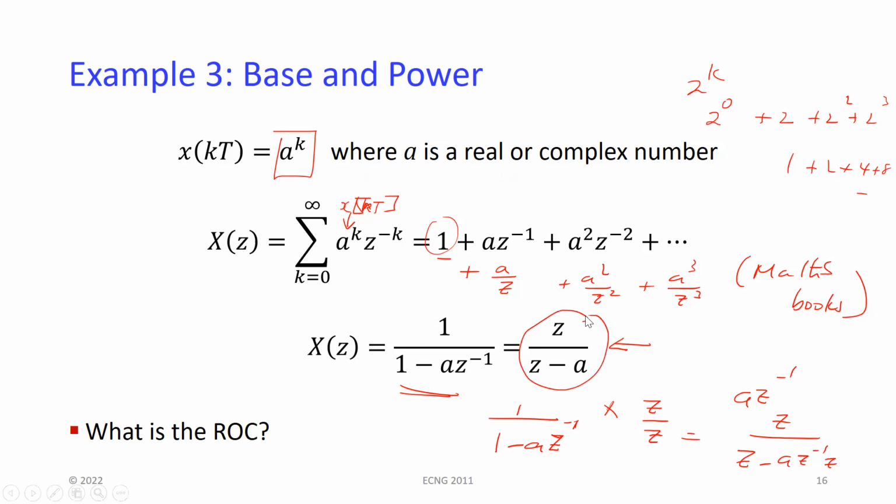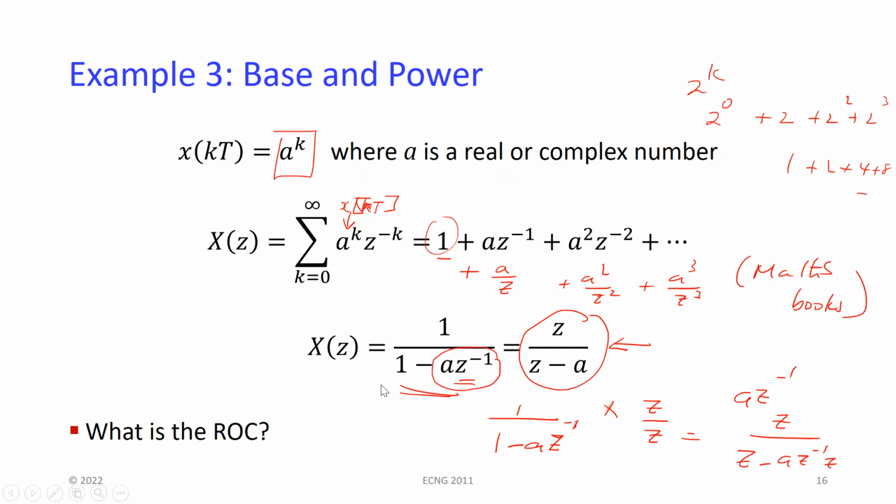So you could move back and forth between the positive and the negative indices to your heart's content. But the engineering version we want is to retain this form. Fair enough?